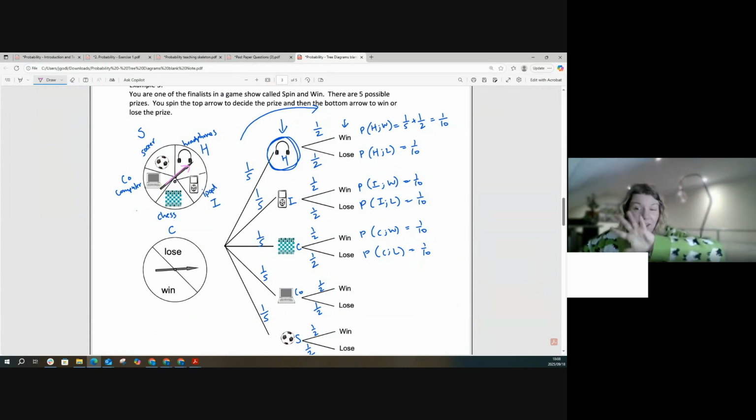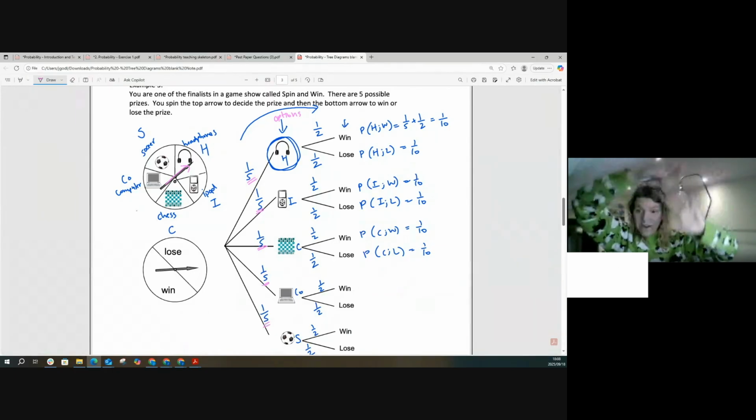So I've got 5 different options. If they all have an equal chance of landing, each of them will have a 1/5 probability of being spun. Okay, so that's the first part of the game show. We've spun the wheel. We have a 1 in 5 chance of picking something, and that's the first part.